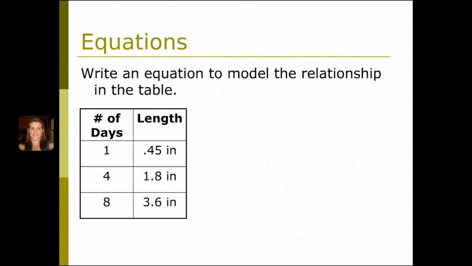What we're trying to do is figure out, again, what is happening in our first column to give us the answer in our second column. Well, as you notice, the first column, again, is getting bigger: 1, 4, 8. The second column is also getting bigger: 0.45, 1.8, and 3.6. So each one is getting bigger in both columns.